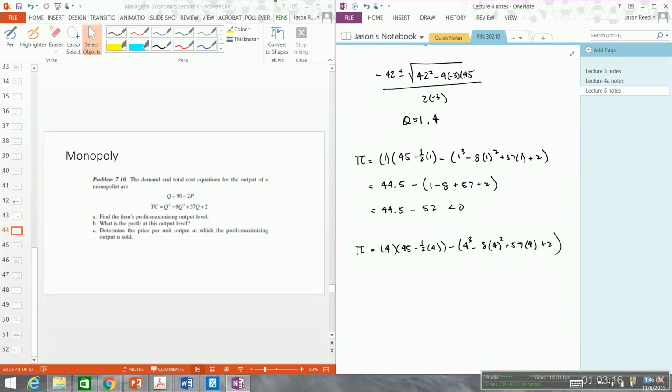Essentially we have 43 times 4, which is 172, minus 4 cubed, which is 64, minus 4 squared times 8, which is 128, plus 57 times 4, 228, plus 2.